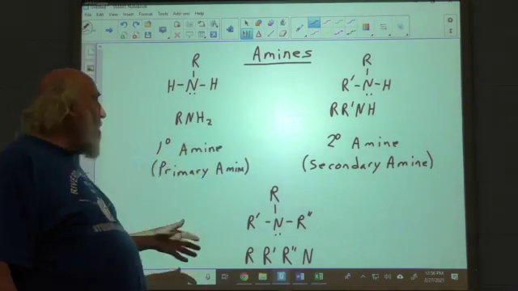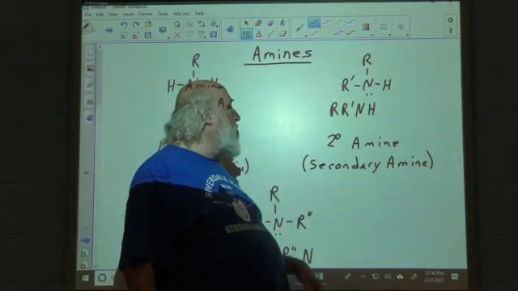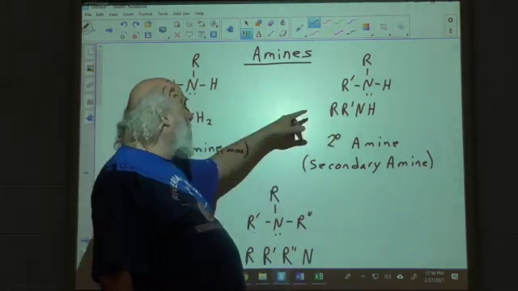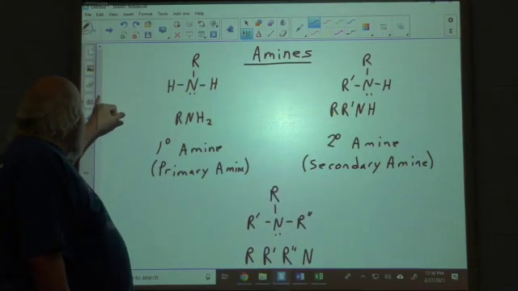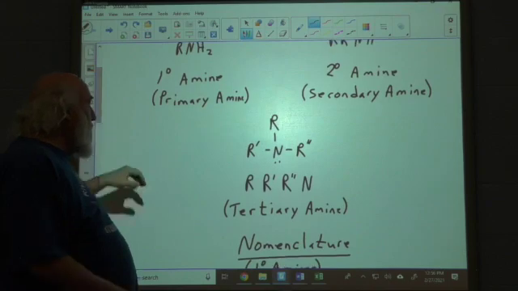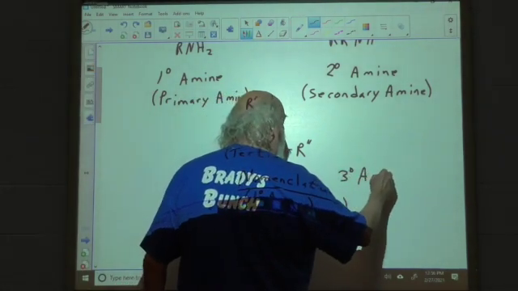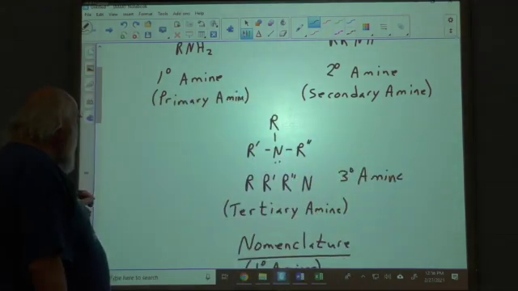But like I said, there's three types: the primary, the secondary, where we have two alkyl groups, which means that it loses a hydrogen that it had over here. So there's only one hydrogen here bonding to the nitrogen. And then the last type is the tertiary, which we write as 3 degree amine, but it's pronounced as tertiary amine.